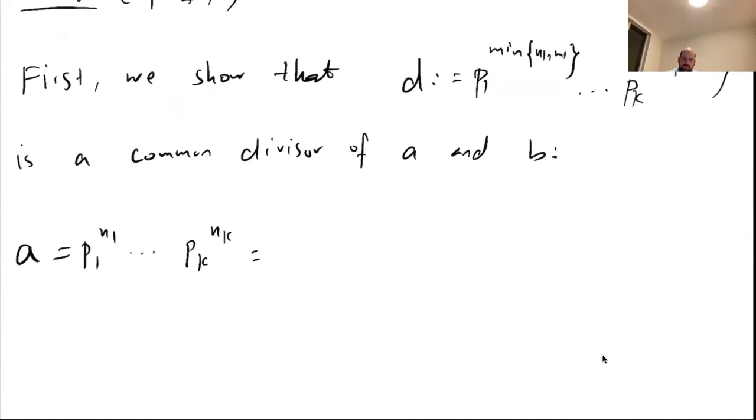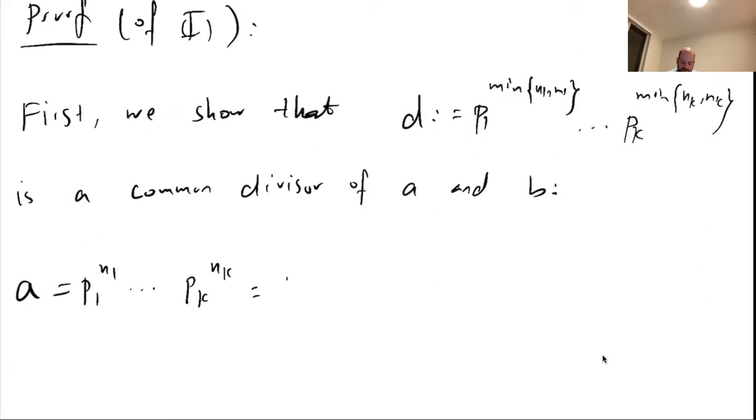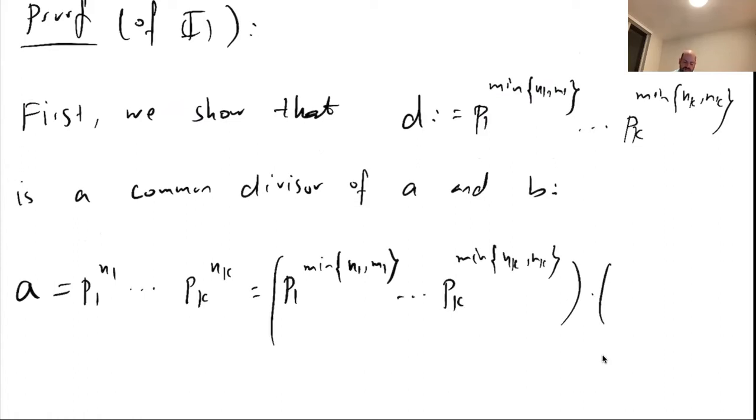So A equals P1 to power N1 all the way to Pk to power Nk. Now I want to write it as D times something. So P1 to power minimum of N1 and M1, all the way to Pk to power minimum of Nk and Mk, which is my D, times which number would give me A? I need P1 to power N1 as a result, and right now I have P1 to power minimum of N1 and M1.